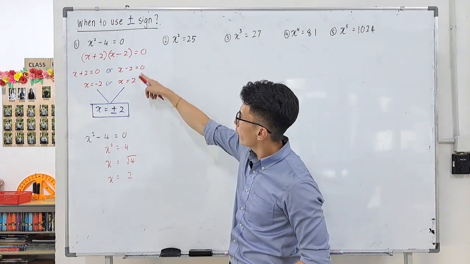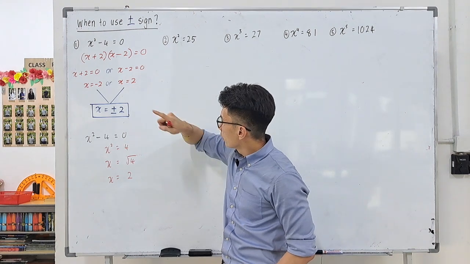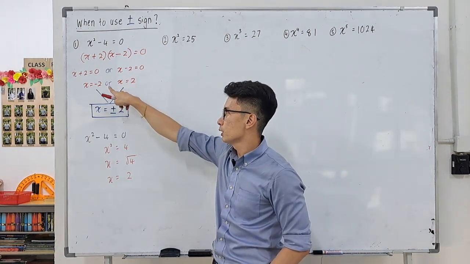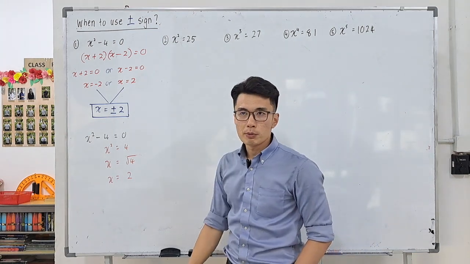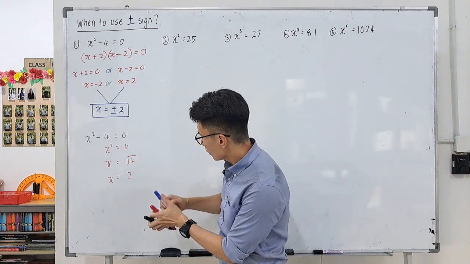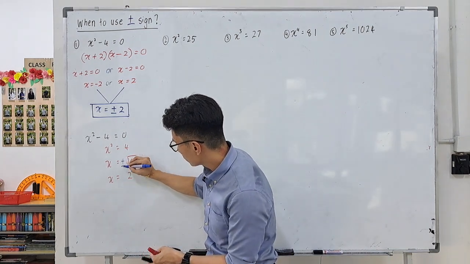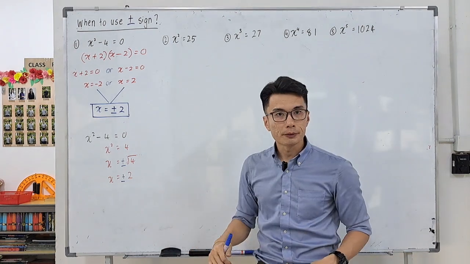But we have already done this from the difference of squares, and the answer can be either positive or negative 2. So what does it mean over here? By right, we should add a plus minus sign over here and a plus minus sign over here.